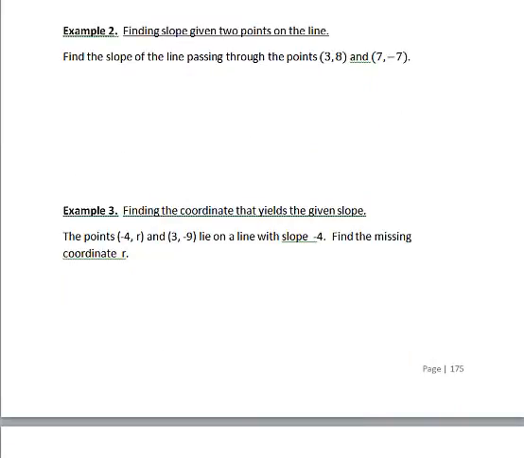Alright, so example 2, we'll calculate this slope a couple different ways. I'll call this set of coordinates 3, 8 the first point, and 7, negative 7 the second. To calculate the slope, you take the difference in the y coordinates and the difference in the x coordinates. And difference means that you subtract. And so y2 would be negative 7.